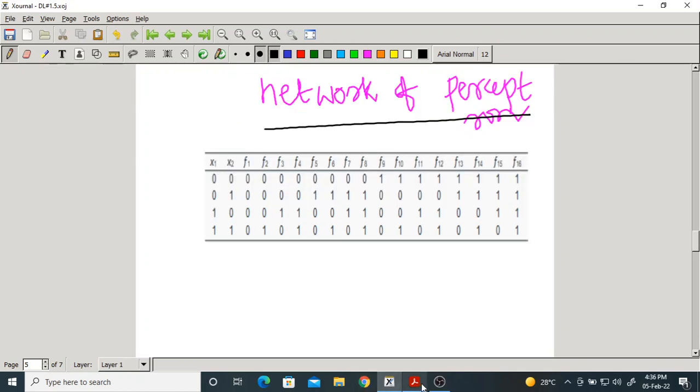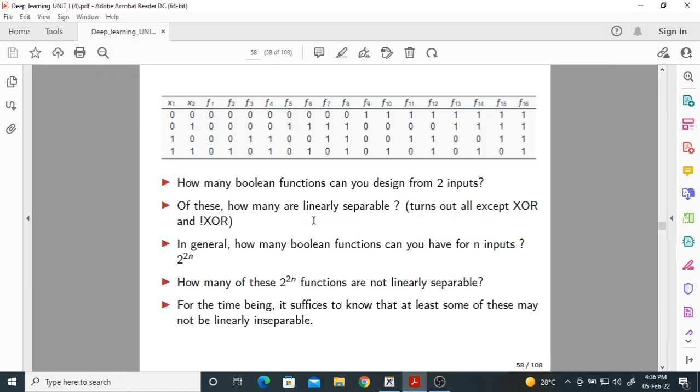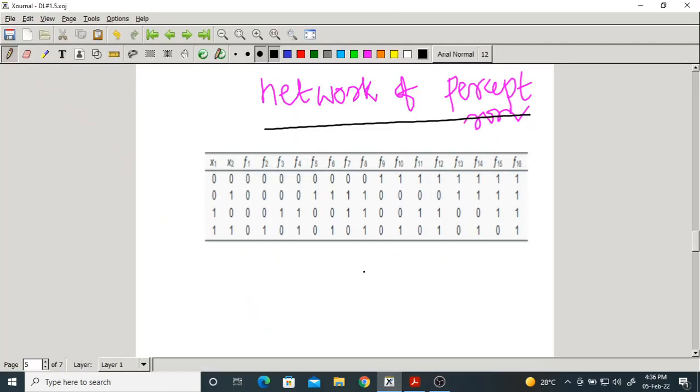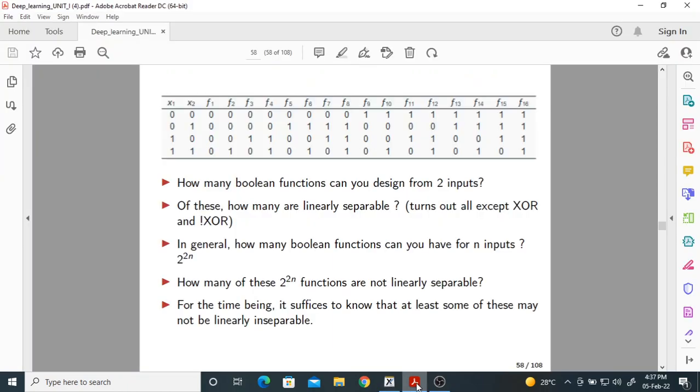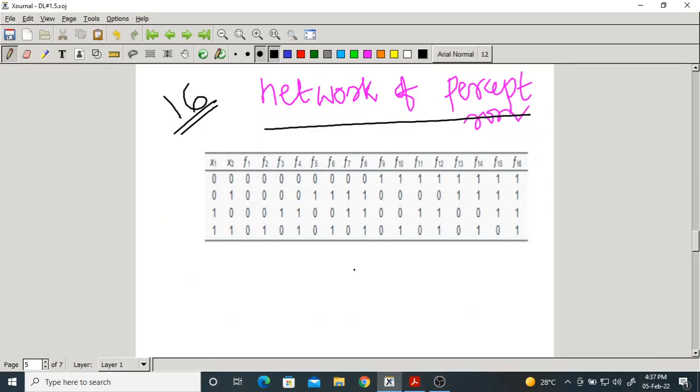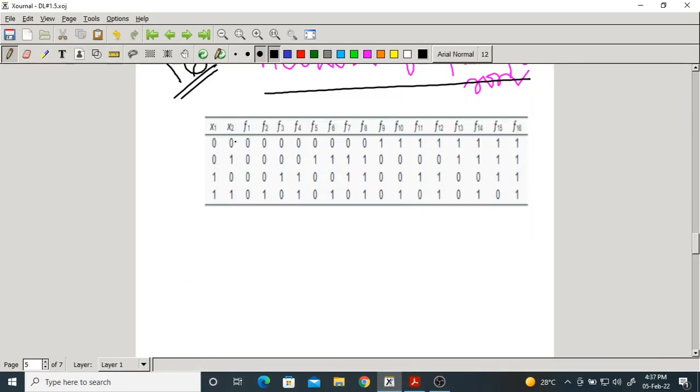Now here, with two inputs, how many Boolean functions can you design? Generally, how many? 16. With two inputs, you can design 16 Boolean functions. What are they? Here, x1 and x2 are inputs.